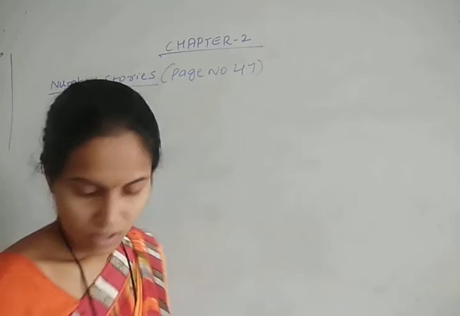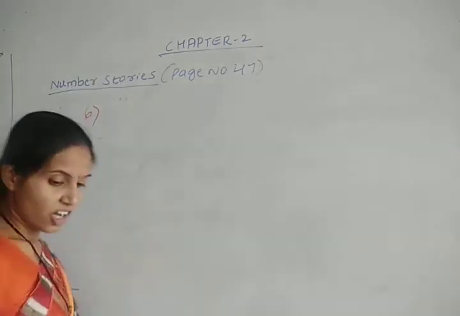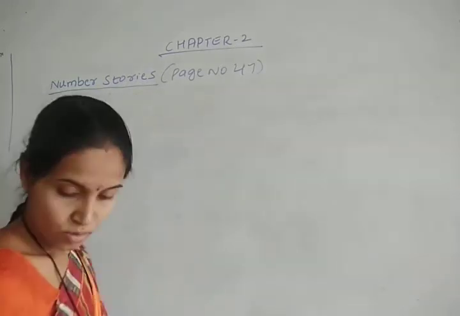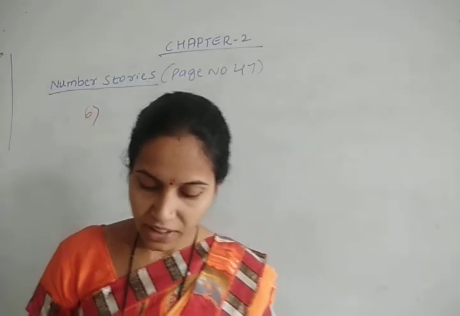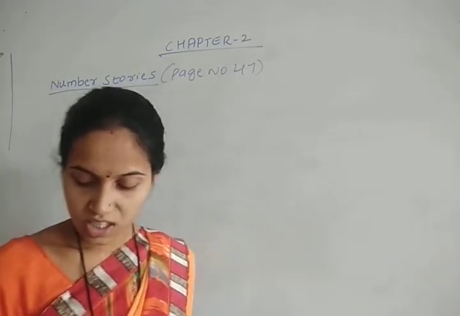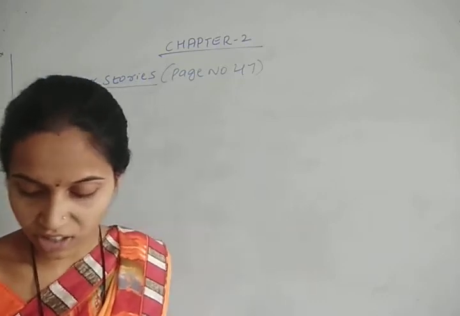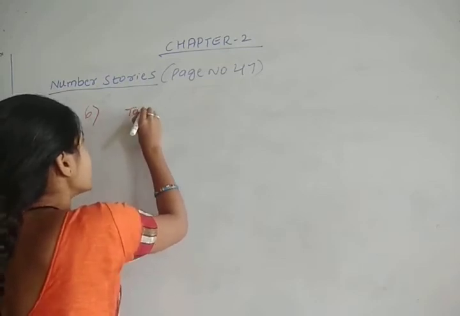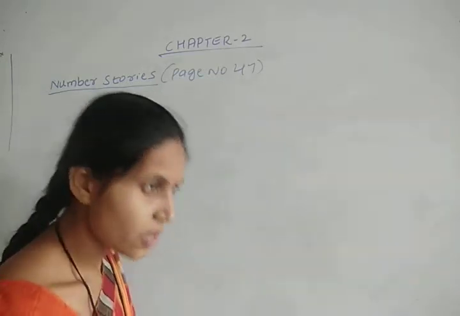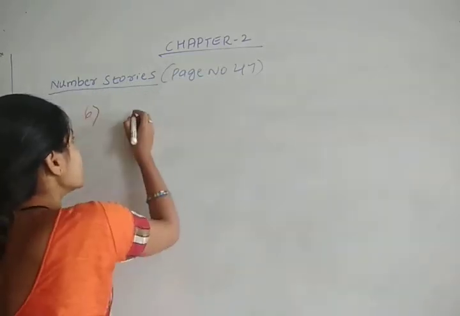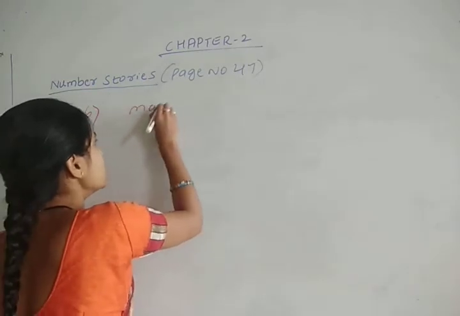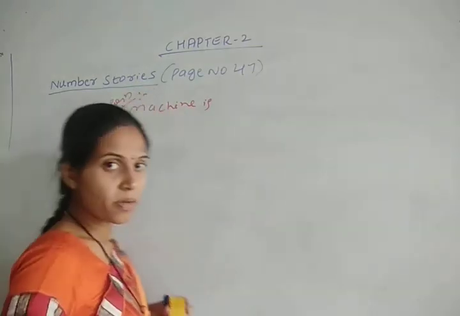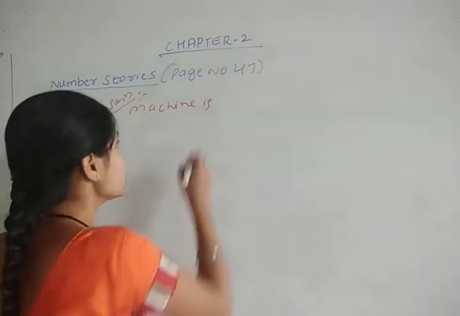So in the sixth question, I will write directly the given data because you already have the question in your textbook. Here what they have given. A printing machine is able to print 67,89,720 visiting cards. So the total number of visiting cards means the machine is able to print how many cards?